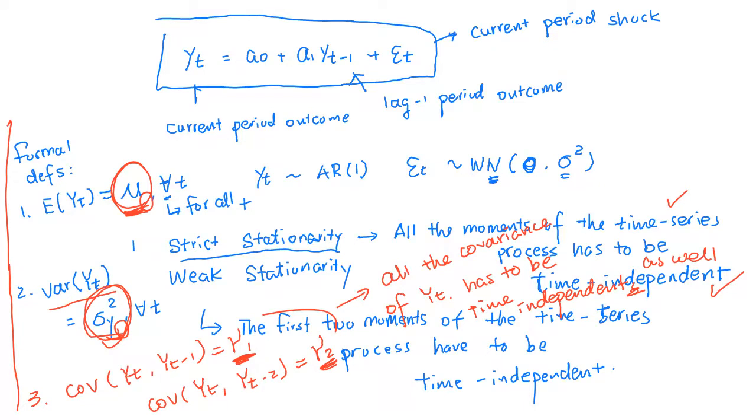So for the covariance part, you could actually write like this. We all know that weak stationarity means what?